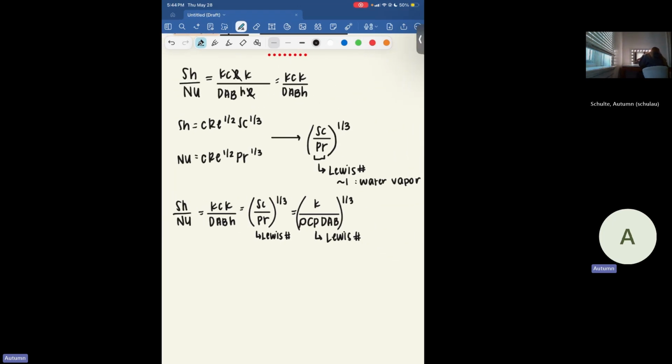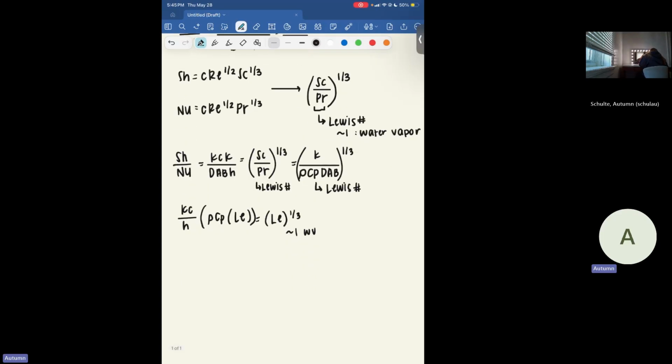So now if we put this together, we'll have the mass transfer coefficient divided by the heat transfer coefficient multiplied by the density times the heat capacity times our Lewis number is equal to the Lewis number to the 1/3, which we said was approximately 1 for water vapor.